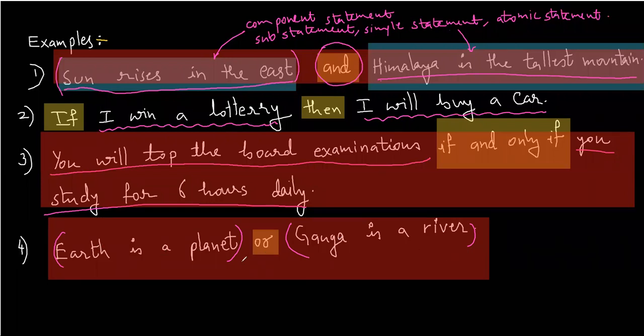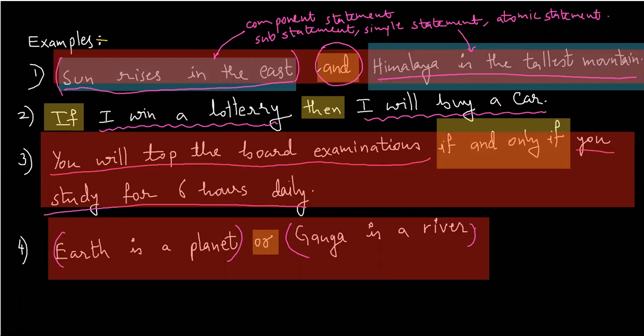But when I join these two together, it becomes a compound statement. Now remember students, I hope you all have understood what is a simple statement, or component statement, or atomic statement, or substatement. And when you join these with the help of connectives, it becomes a compound statement.